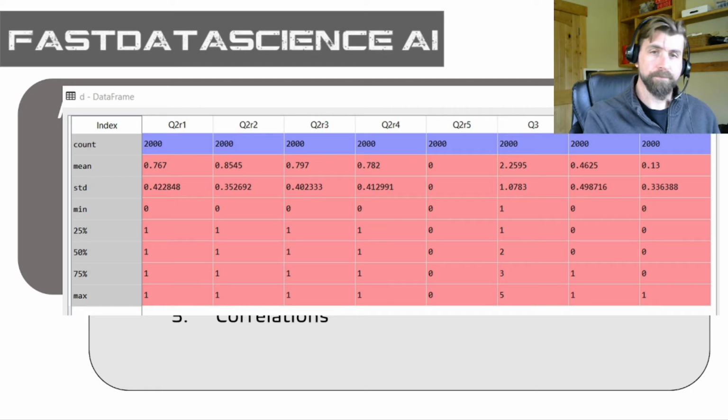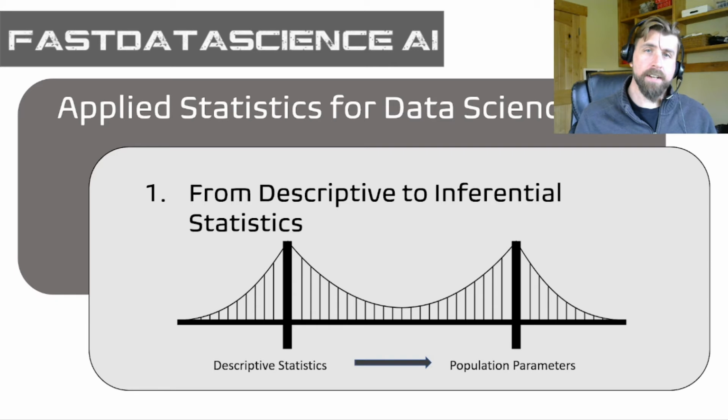Okay. So now what I want to do is talk a little bit about making the connection between those descriptive statistics that we calculate and then trying to use those to say something about data that we've never seen before, right? That data is represented in the population that we're trying to say something about.